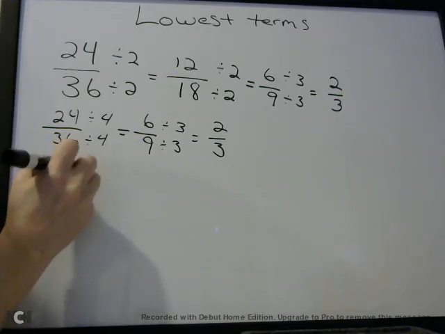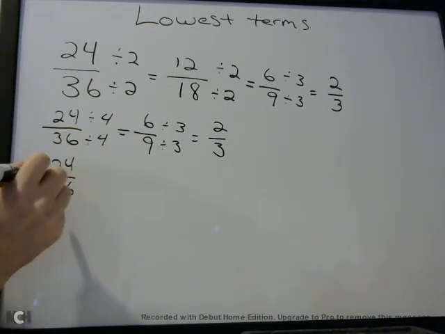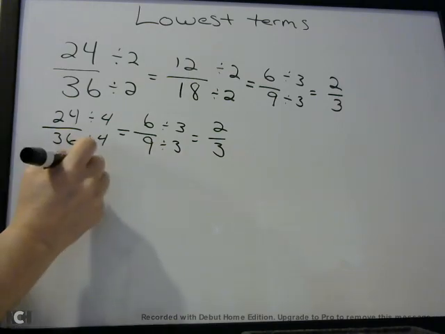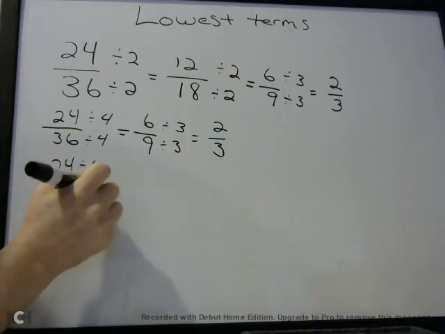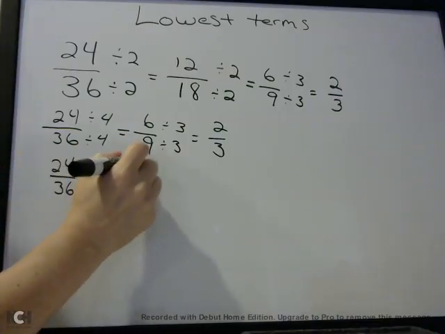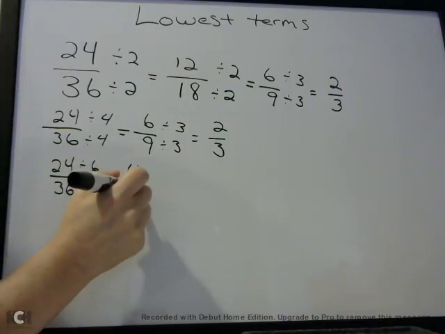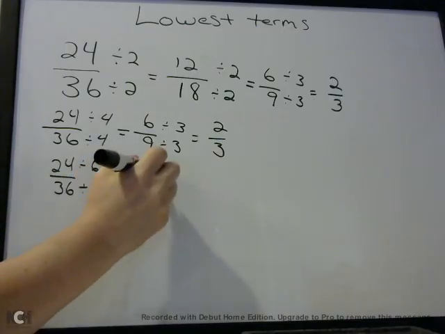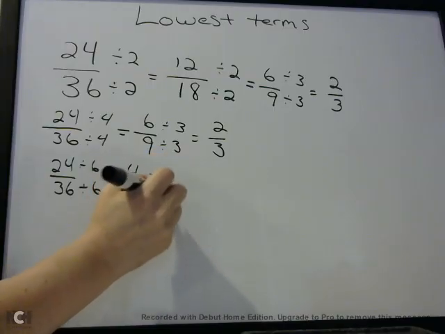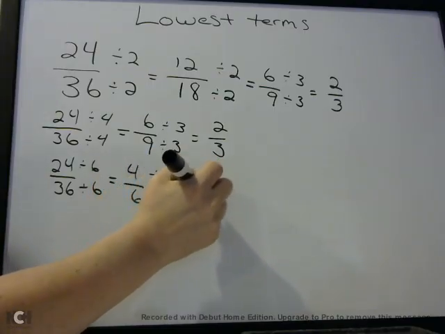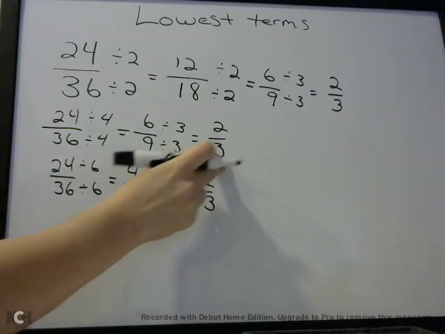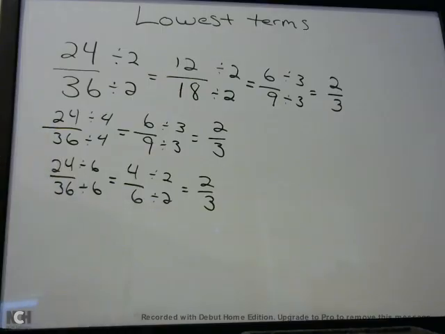Let's say 24 over 36, and right away you say, hey, both of those can be divided by 6. 24 divided by 6 is 4, and 36 divided by 6 is 6. Is that in lowest terms? Well, no, because both of them can be divided by 2. And we get 2/3. Again, same answer. We took different routes, so there's really no one way to do this.